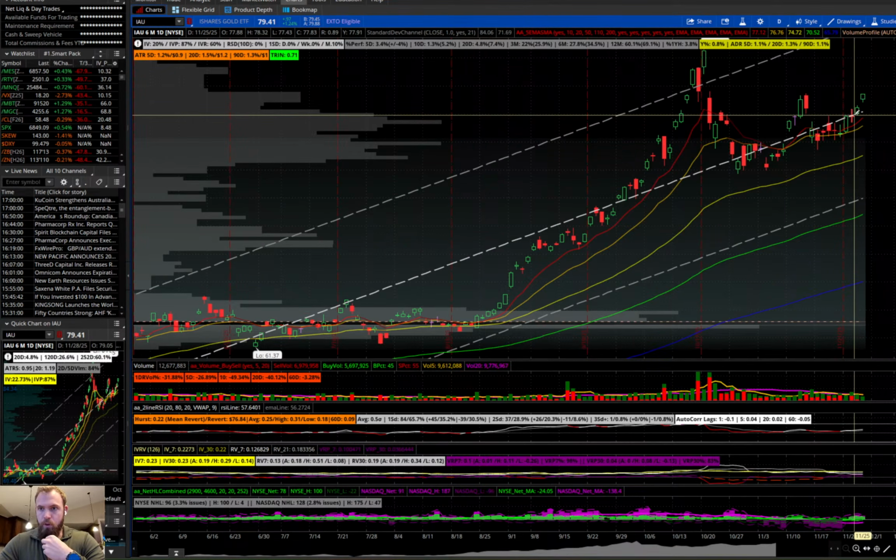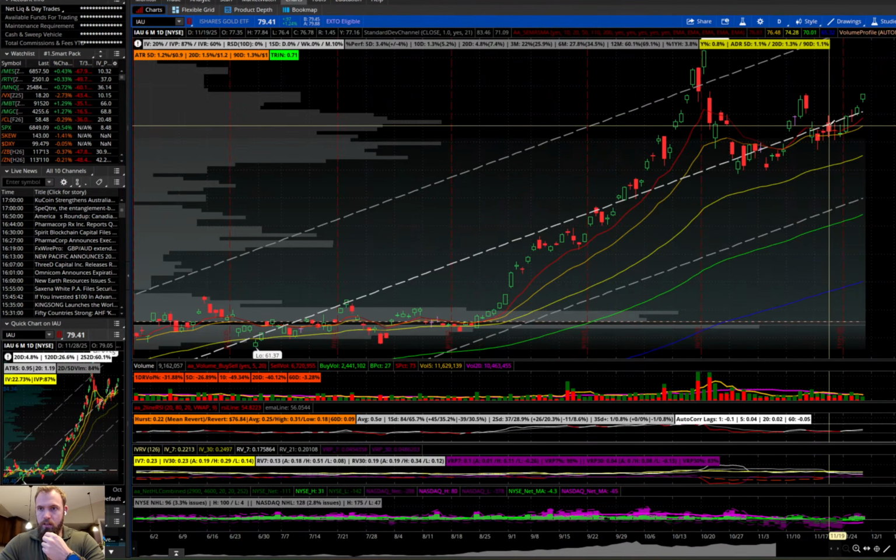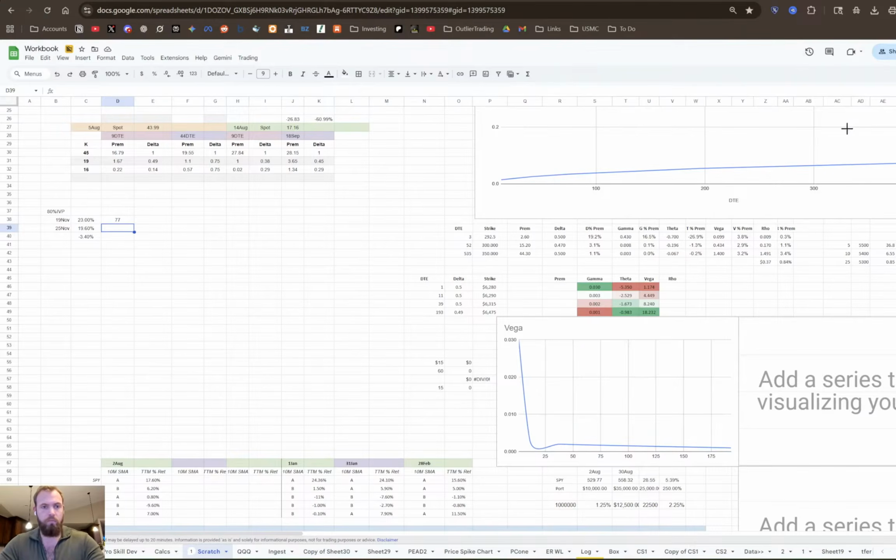The midpoint was 77.90-ish, something like that. So here you got a 0.9 point move against a 3.4% move in terms of vol.